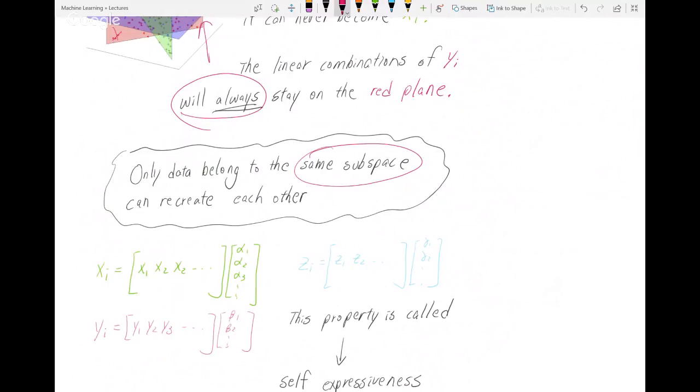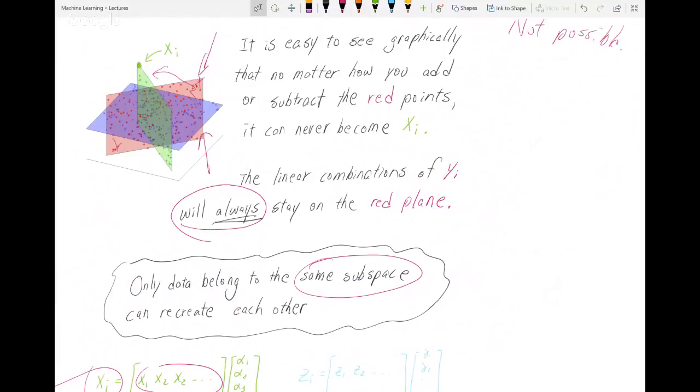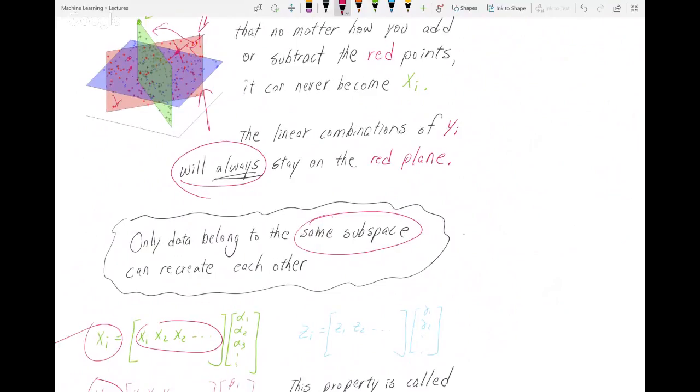So the list of x's can represent this, and the set of y's can represent this. You can picture that in the red, some combination of red can form another point here, and similarly with z as well.